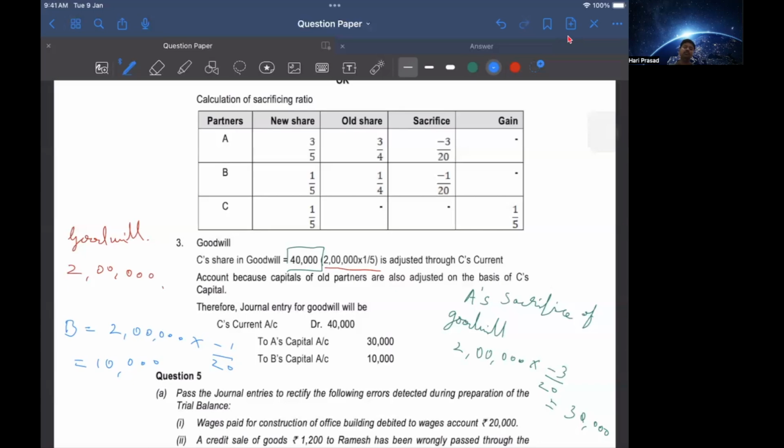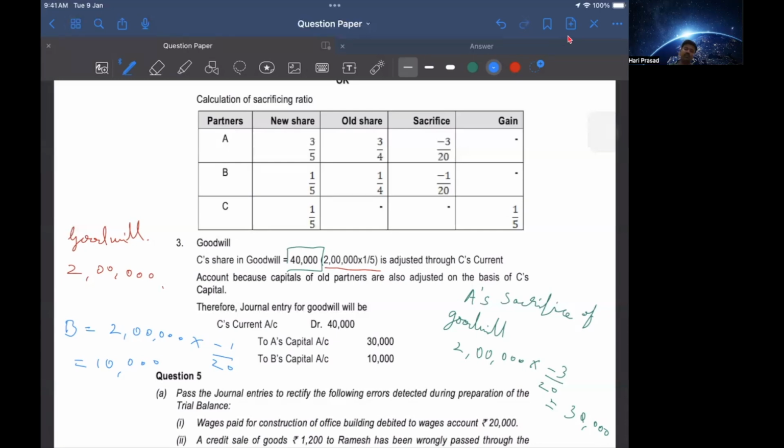Thus, what we are doing is debiting C's capital or current account. When a partner's capital or current account is debited, it implies that the partner's capital account is reduced.